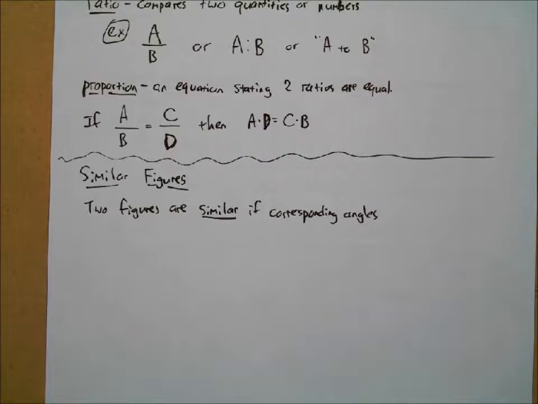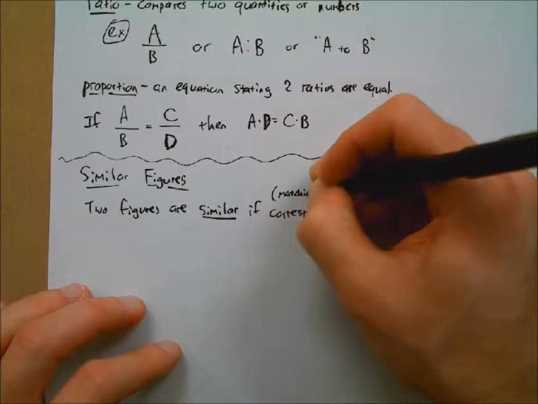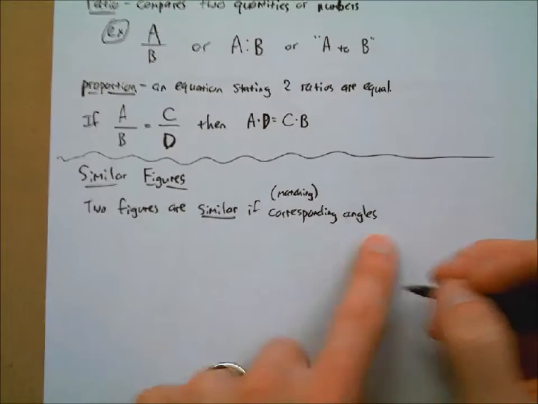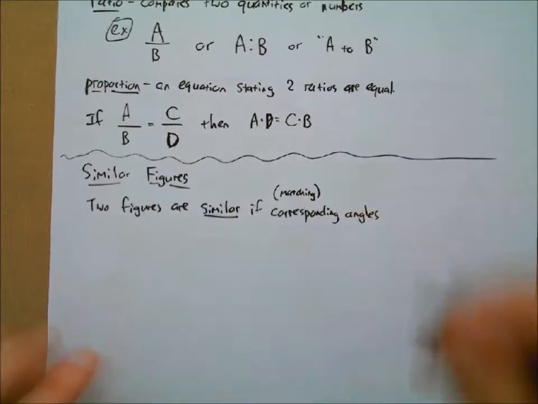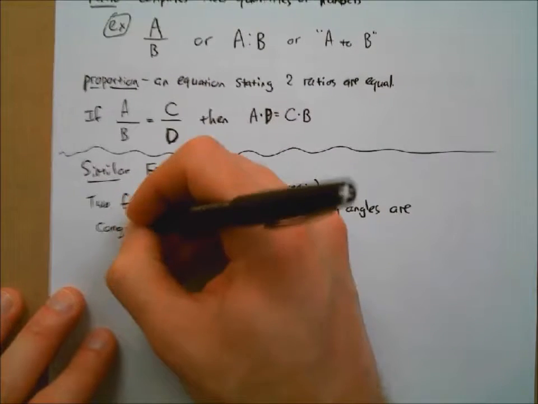If two angles or two sides correspond, they kind of what? Matching. You can also think of matching, the pair. So if corresponding or matching angles are congruent, okay.